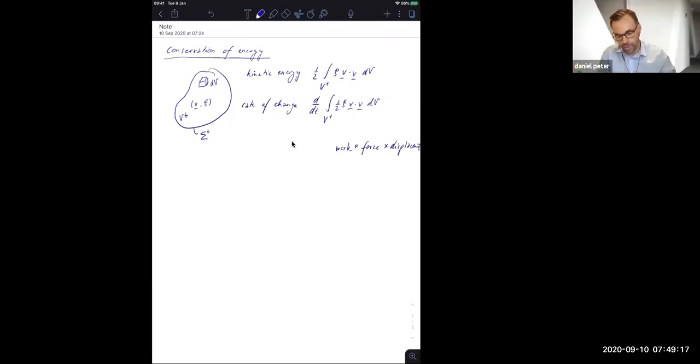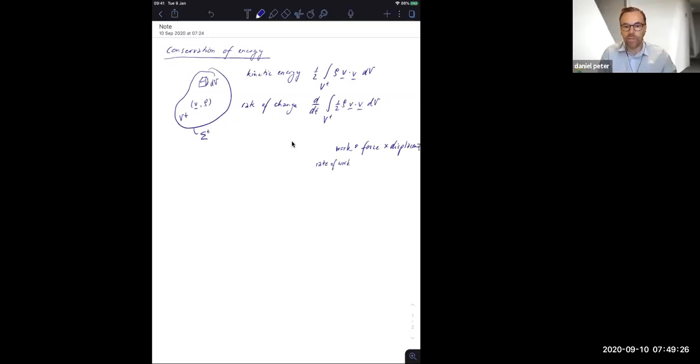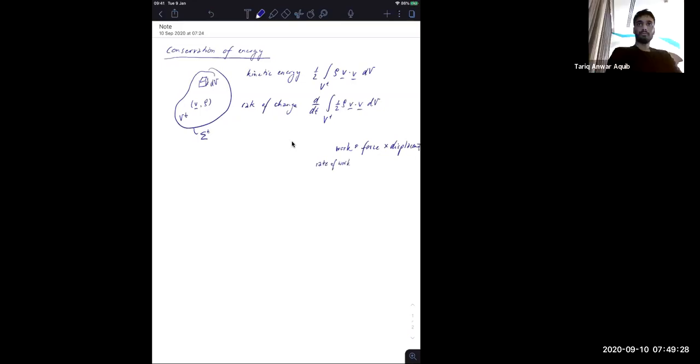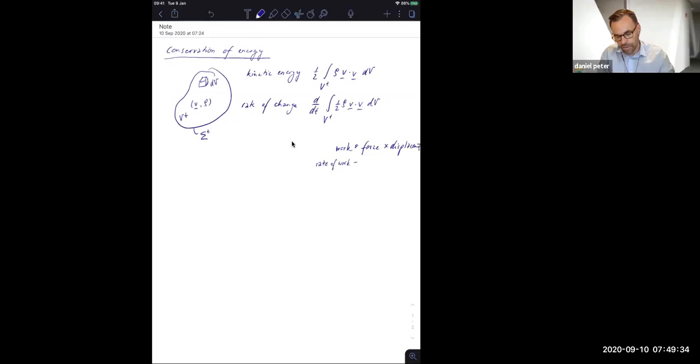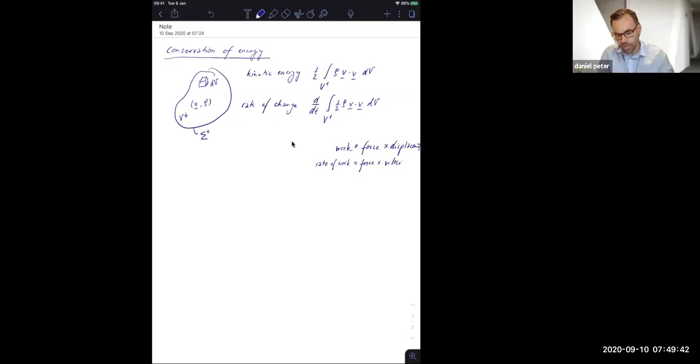Now, if you think of what would be the rate of work, like the rate of change, so how much work changes, you can think of taking the time derivative of displacement, which becomes then velocity. So it would be the force times velocity.